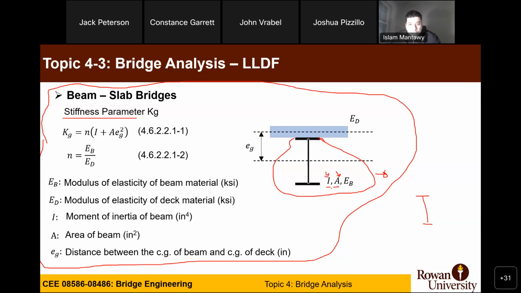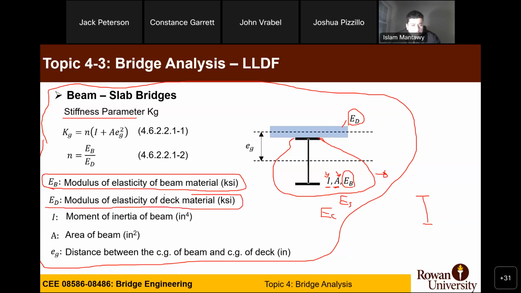So if I give you the inertia and area, or you calculate it, and you have the modulus of elasticity of this girder, if it's a steel girder, the modulus of elasticity will be ES. If it's prestressed concrete, it will be EC, right? In this case, I also have the modulus of elasticity of the bridge deck. So we have terminologies here: the modulus of elasticity of the beam material, which can be steel or prestressed concrete, or the modulus of elasticity of the deck material, most likely concrete.